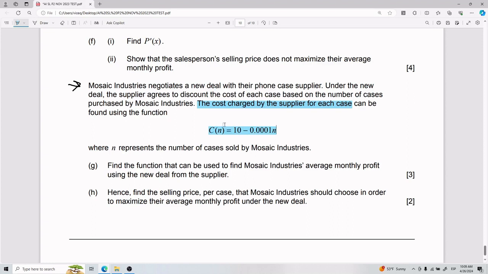So this is the new cost charged for each case, where n represents the number of cases sold by Mosaic Industries. And through this, we need to find the function that can be used to find Mosaic Industries' average monthly profit using the new deal from the supplier.